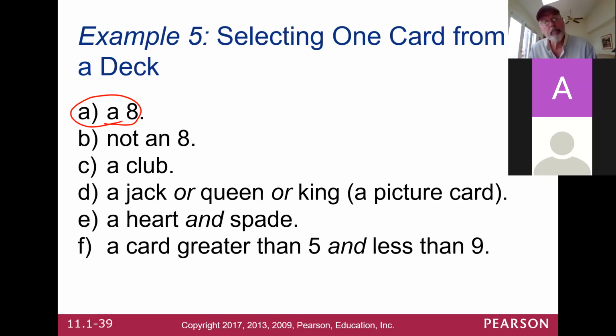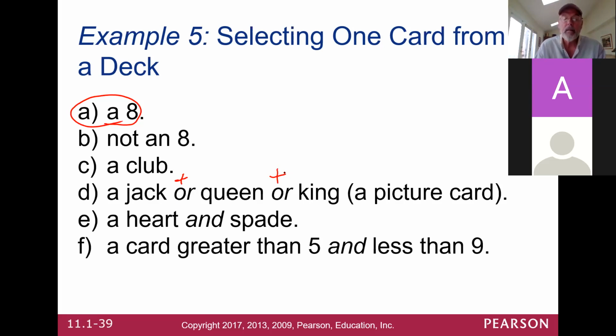That's right. Okay, so here I'm going to try to get you to think about this. We could say that or is a situation where we can put a plus sign over this. So we could take the probability of a jack and add the probability of a queen, and add to that the probability of a king.